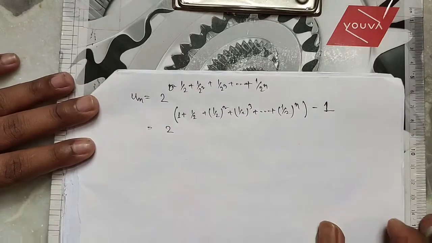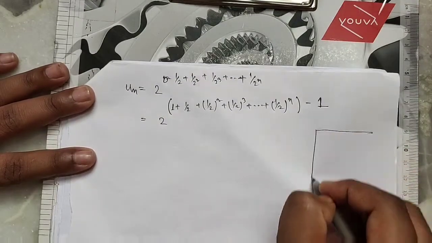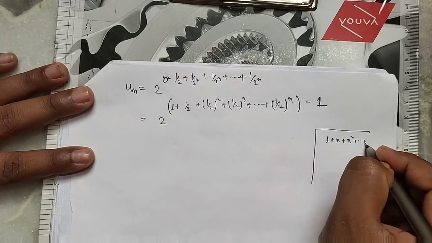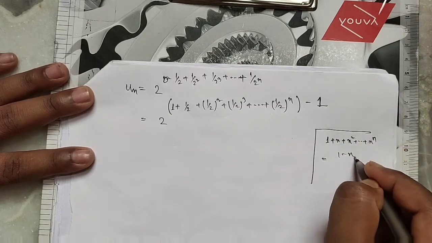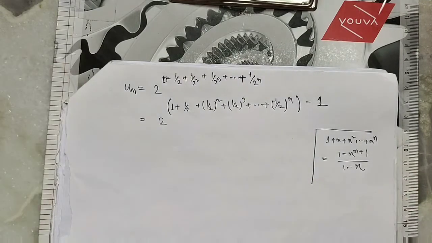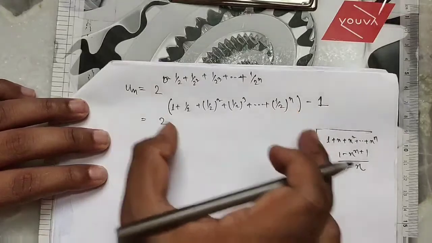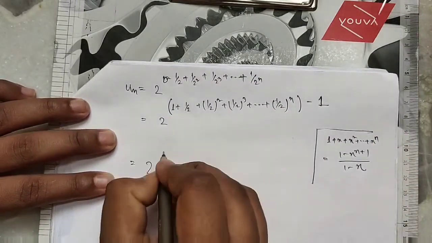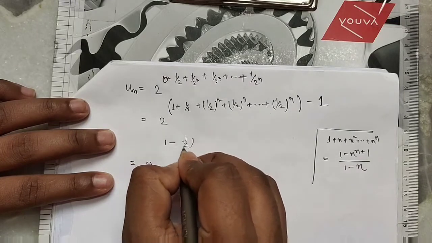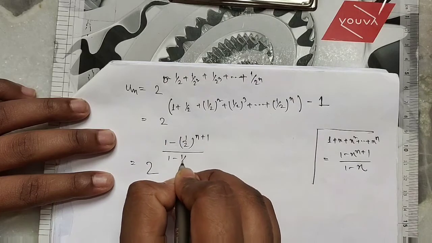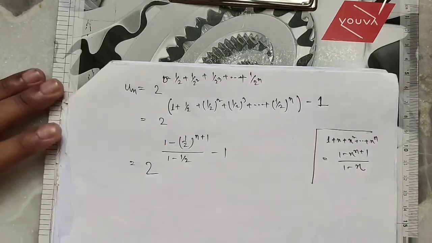Clear? We add 1 and subtract 1. In a previous problem we discussed that 1 plus x plus ... plus x to the power n equals (1 minus x to the power n plus 1) by (1 minus x). Okay, so we apply this in this part. So 2 to the power ((1 minus half to the power n plus 1) by (1 minus half) minus 1). Clear?